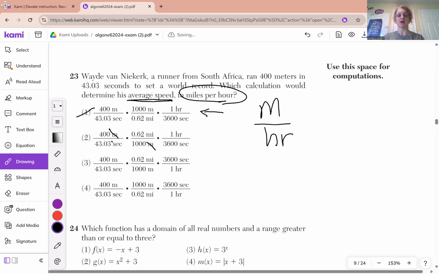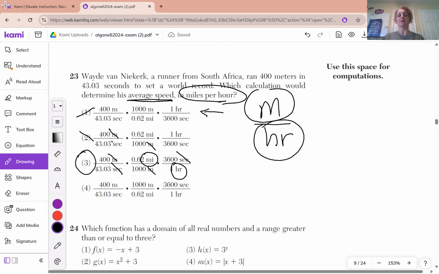Seconds are both on the bottom, and miles and hours are in the top. So I'm not left with miles over hours. That's out. On choice 3, my m's cross out, my seconds cross out. Oh, I'm left with miles over hours. So it's choice 3. I always check my next one, right? I don't have miles in the top and bottom.